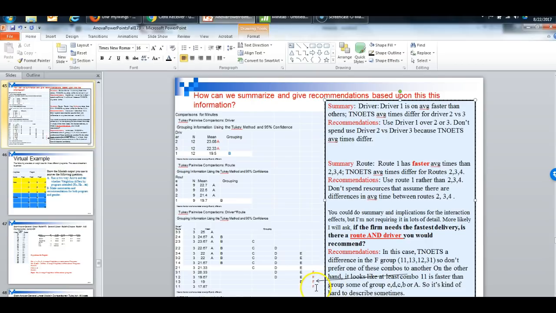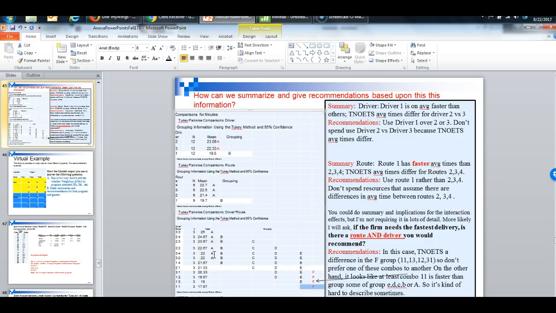This guy F, 1,1, is faster than some of group E, these guys. Faster than D group, definitely faster than D group. This guy is faster than C group, B group, and A group.